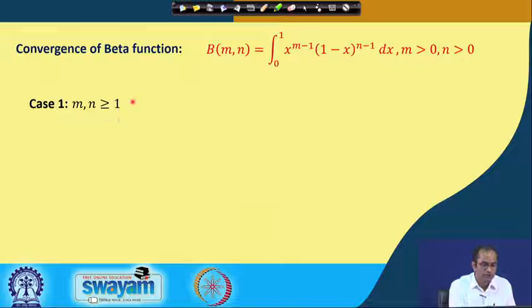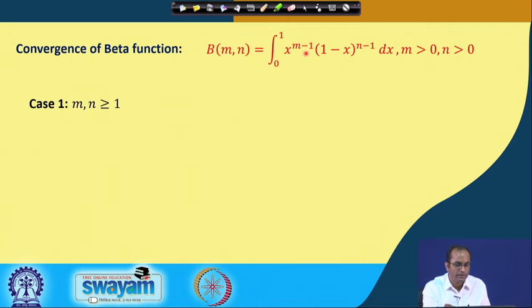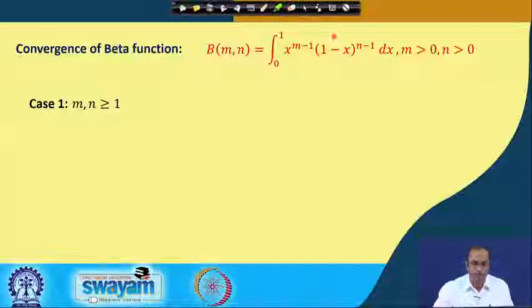So, in this case what is happening here, the m and n. The power here for x is positive, and also for 1 minus x the power is positive, because n is also greater than or equal to 1. So, in both cases, when m and n are strictly greater than 1, we see that the integrand is not an unbounded function.